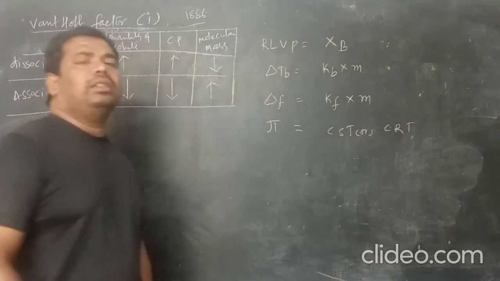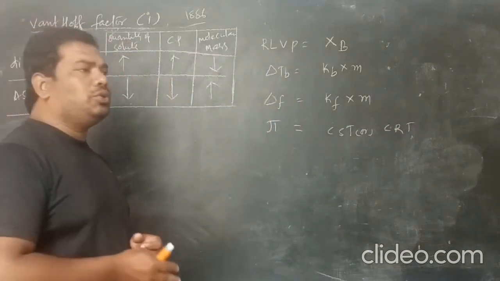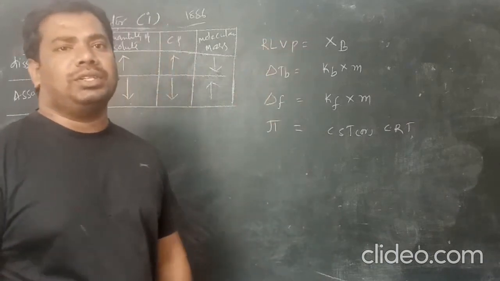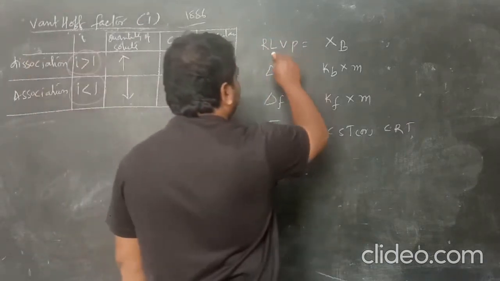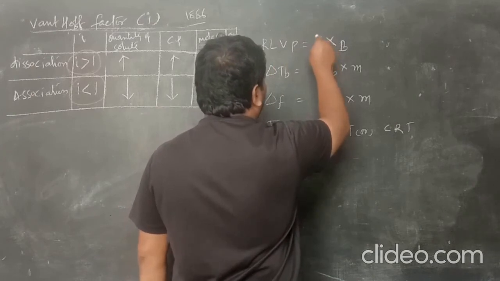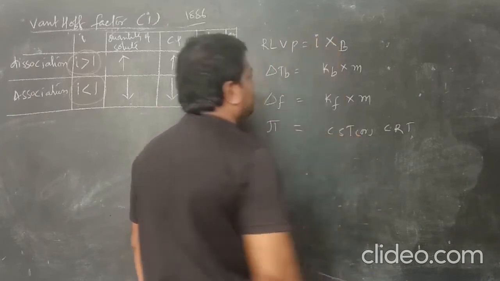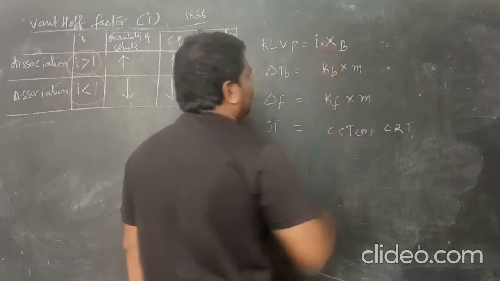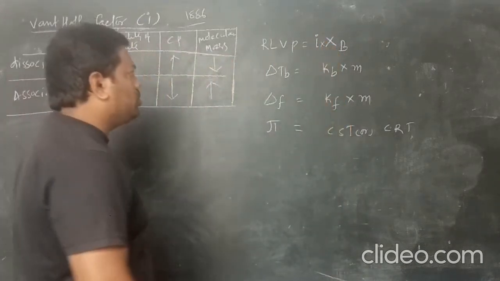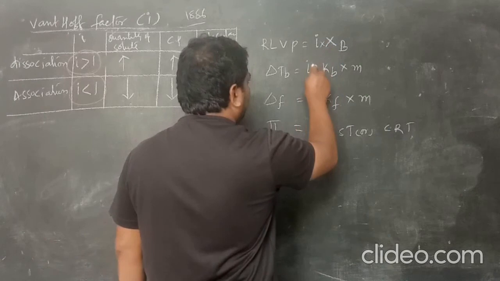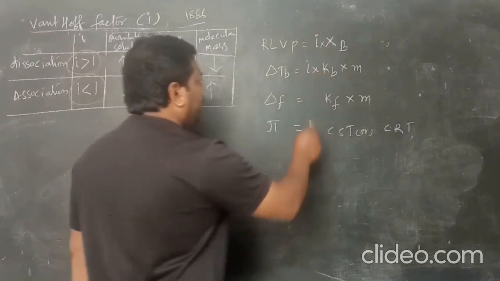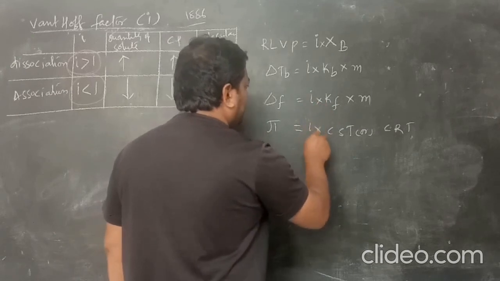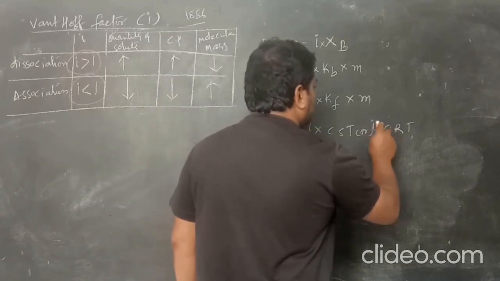So here when the solute is going to associate or dissociate, the colligative properties change. So that's why Van 't Hoff introduced i in all these relations, multiplying i into the mole fraction of non-volatile solute, and i into Kb into m, i into Kf into m, i into CST or i into CRT.